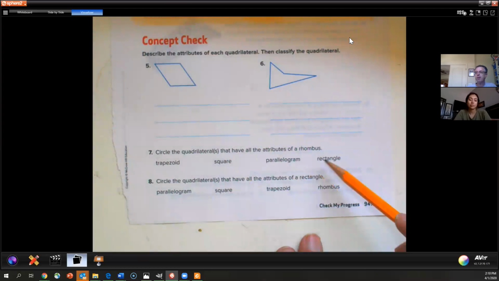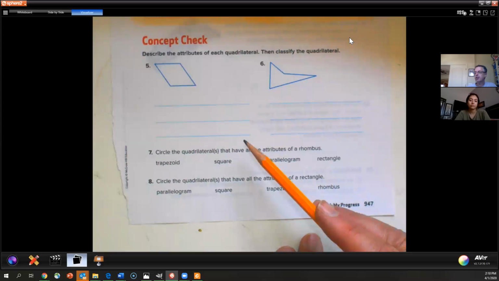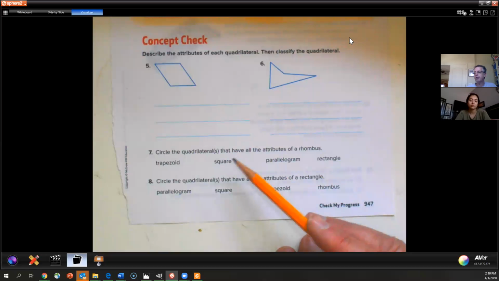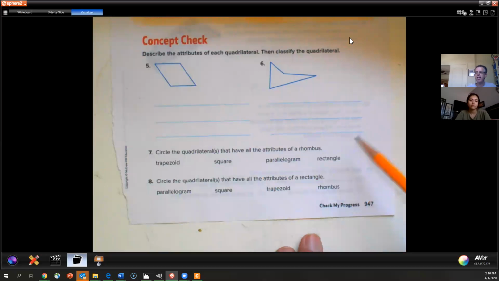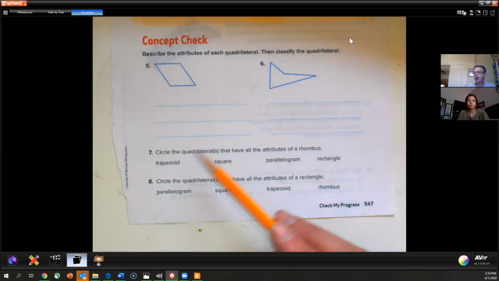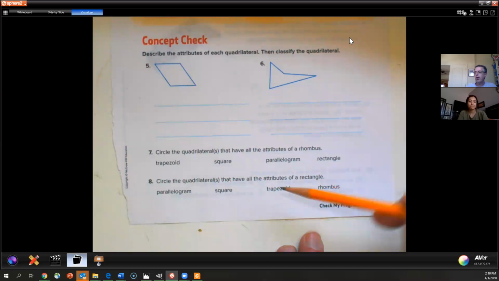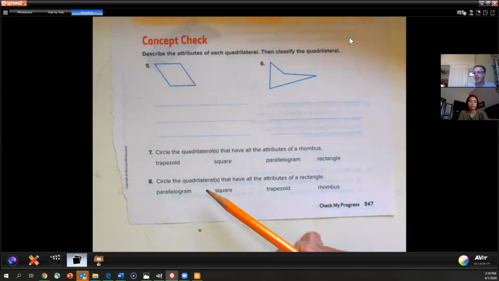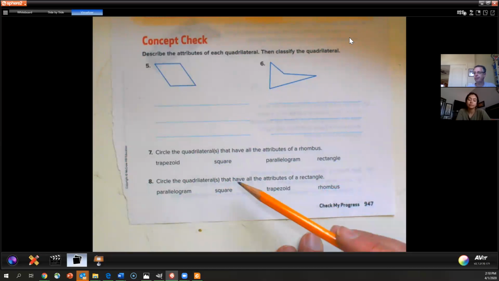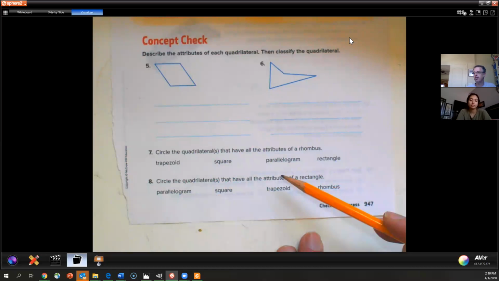Since you may not have this paper to circle, just go ahead and write something like the quadrilaterals that have all the attributes of a rhombus are, and then finish the answer sentence by the words that you would have circled: trapezoid, square, parallelogram, or rectangle. And do the same thing here. The quadrilaterals that have all the attributes of a rectangle are, and then add the words here that are the right ones that you think share the attributes of a rectangle.